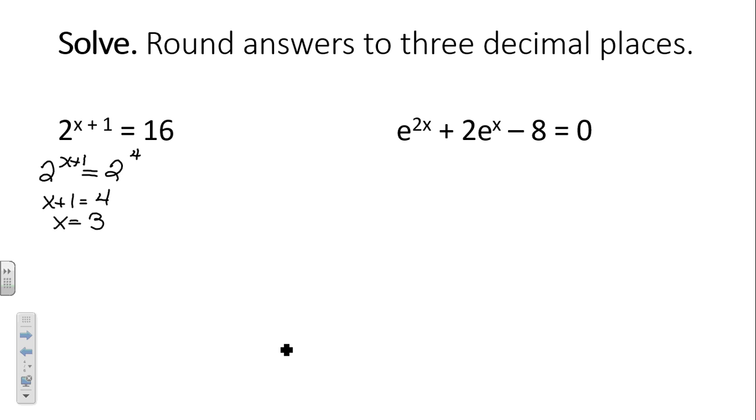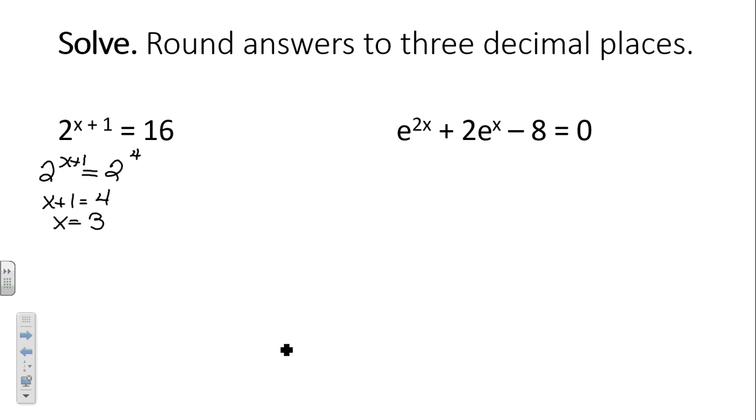Okay. The other way of looking at it is to use an inverse property. The inverse of an exponential is a log, right? Not necessarily a natural log, but some kind of log, right?